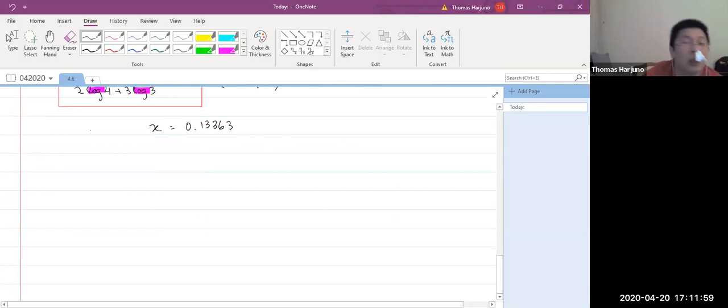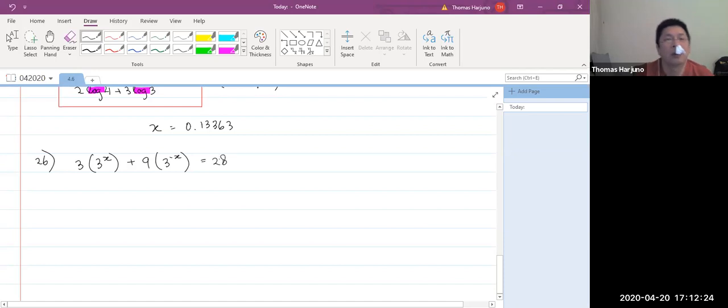Still on exponential equations. Let's take a look at number 26. Number 26, we have 3 times 3 to the x plus 9 times 3 to the negative x equals 28.